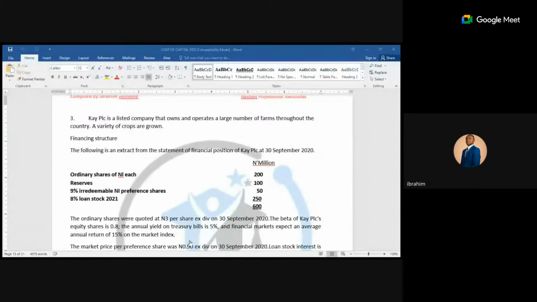I think it is from the redeemable debt or loan stock, right? So what I'm trying to say is that I saw the question and thought this question may be tested, though it's kind of technical, not that technical.